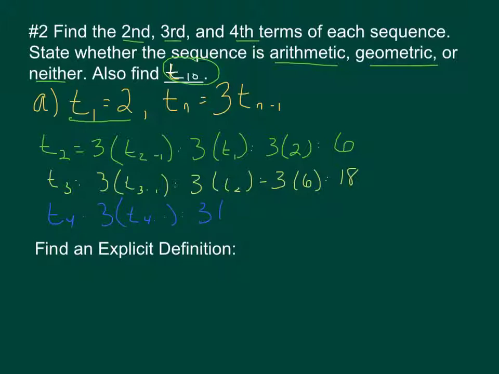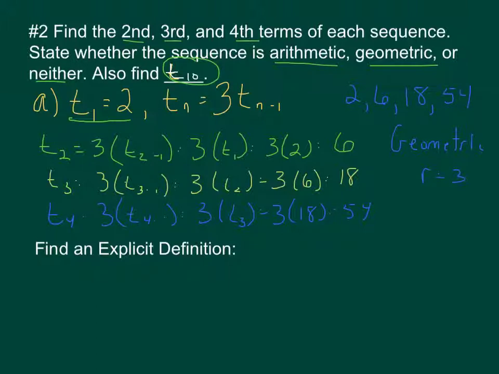In other words, 3 times T3. Well, that's 3 times 18. Answer, 54. So, T1 was 2, T2 was 6, T3 was 18, T4 was 54. Hopefully you can tell that that is a geometric sequence where r is 3. We're multiplying by 3 each time.